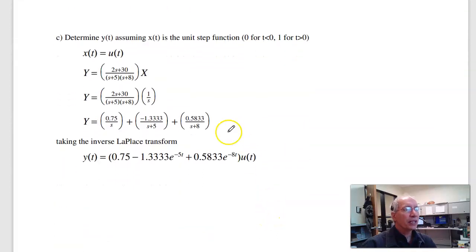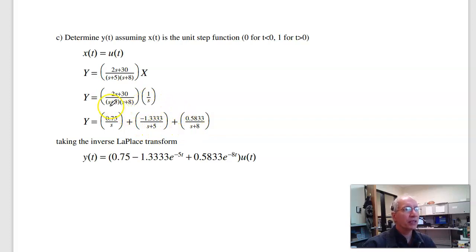In part C, if my input is a unit step, find y. So in that case, this is the relationship between x and y. Replace x with this Laplace transform. That's the Laplace transform for y. To solve, I use partial fraction expansion. So I know I have something over s plus 5, something over s plus 8.